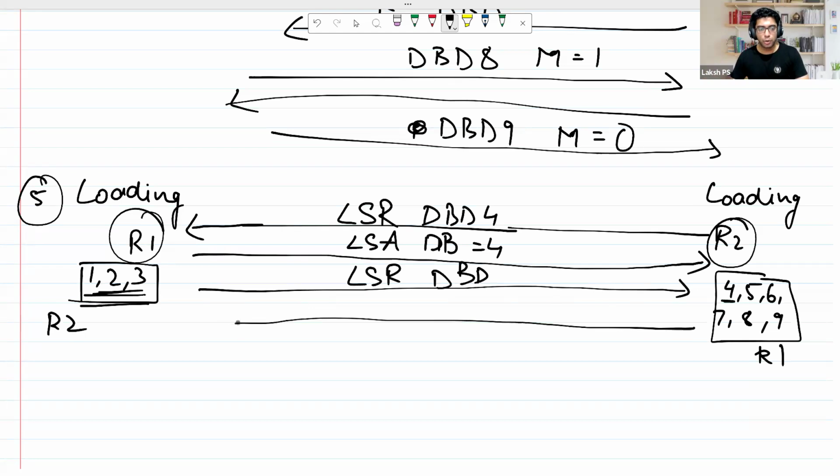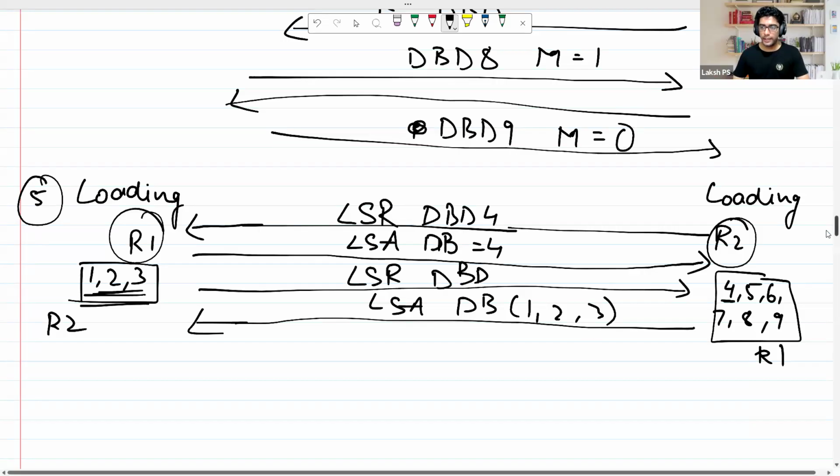In response, R2 will send a link state acknowledgement for the whole database of 1, 2, and 3. Like this, R1 and R2 will both exchange the database of the links. Previously, in the exchange state, they exchanged only the DBD, the description, but here they're exchanging the whole database.